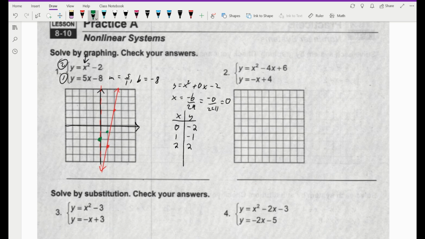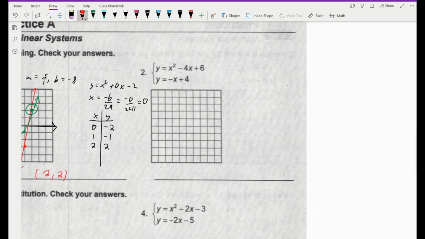We haven't intersected yet. And the next point is 2, 2. Aha. Now this one, of course, will have a mirror image, and it'll look something like this. And this one's only going to have one solution here, the way it's drawn. I can only touch at one point, and that'll be at 2, 2. So this one only has one solution, 2, 2.